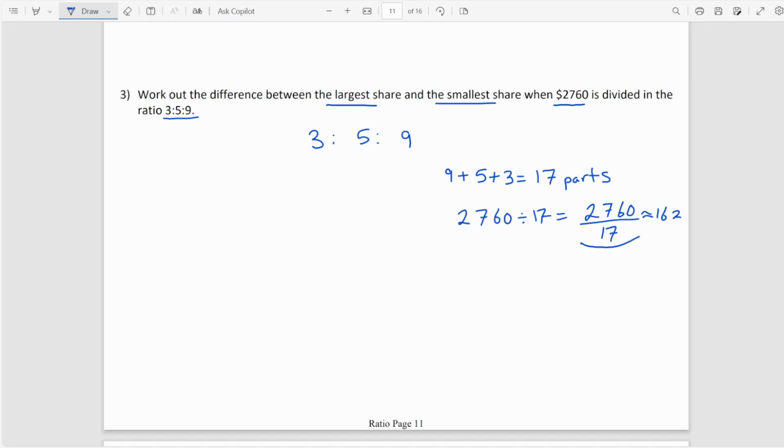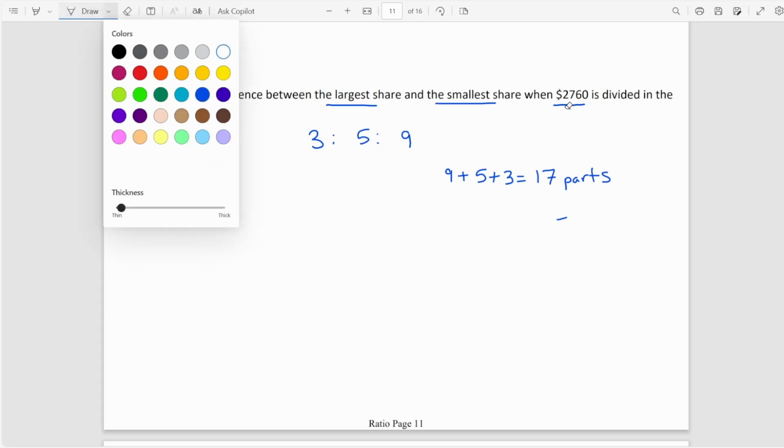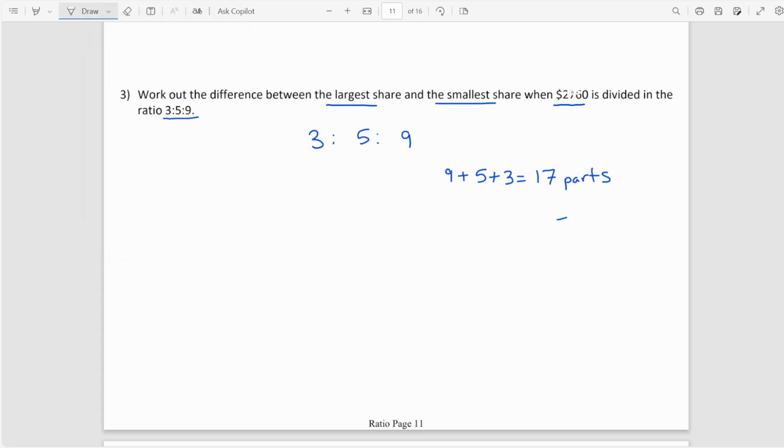Okay. Now we want to know the difference between the largest and the smallest share. Okay. Now there are multiple ways to do this. By the way, honestly, I want to change the number because it's not supposed to be this way. See, I write the examples myself.